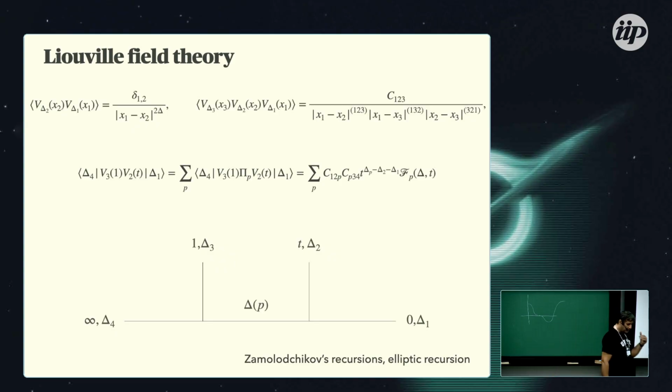I told you that I wanted to tell you something about the analytic structure of this function, this implicit relation that I told you about. And in order to explain that, I need to talk a little bit about conformal field theory.